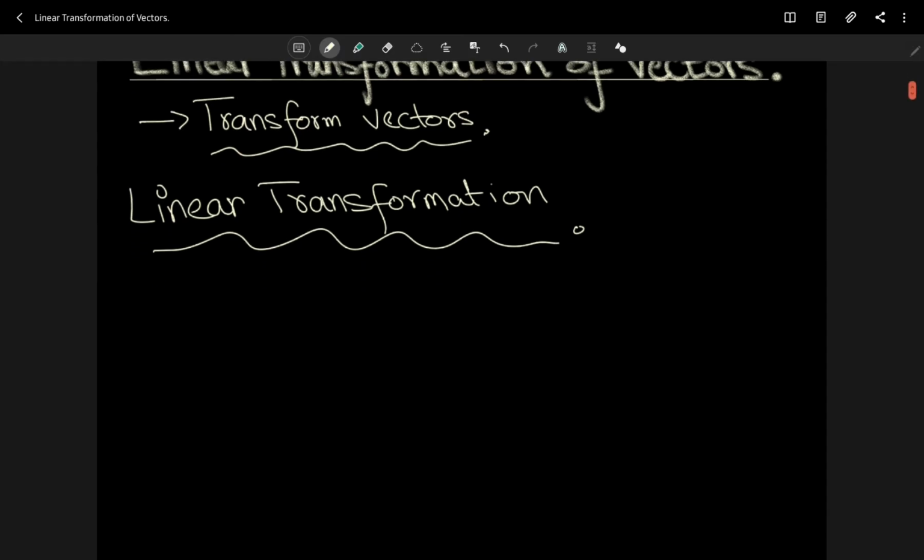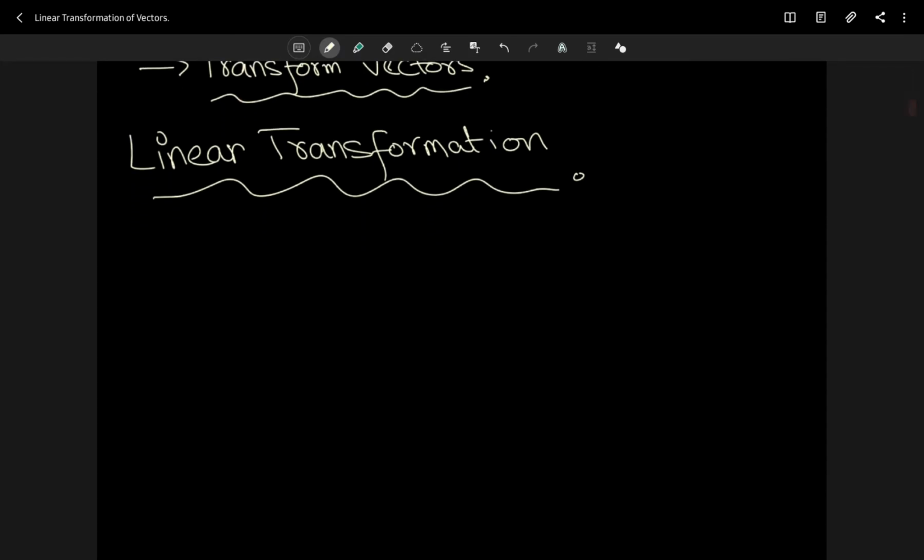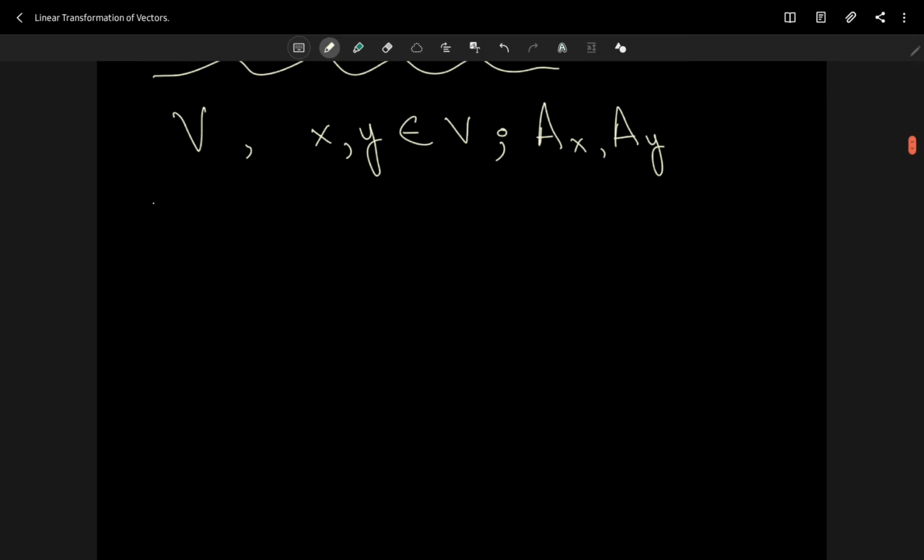So a linear transformation A on a vector space, say V, assigns to vectors x and y that belong to this vector space V, the vectors Ax and Ay, such that for some scalars a and b, we have the transformation A on ax plus by, right?